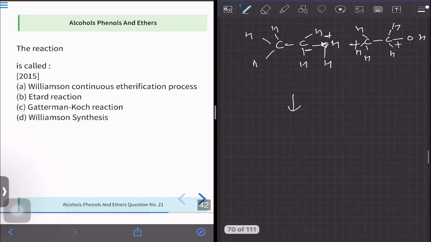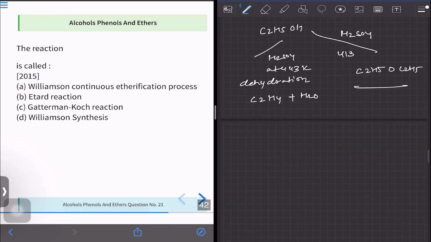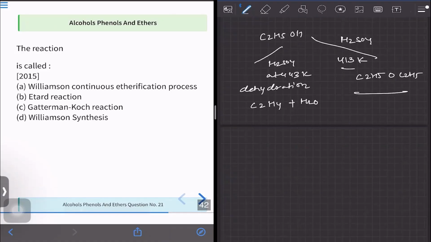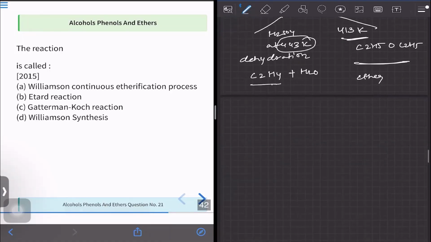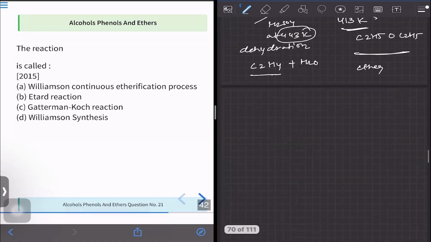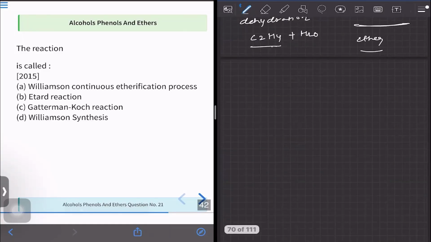So we can see C2H5OC2H5. So it produces ether on reaction. So with H2SO4 at low temperature, it produces ether, and with H2SO4 at 443 Kelvin, it undergoes a dehydration reaction to produce alkene, that is C2H4. So this is known as Williamson's continuous etherification reaction.